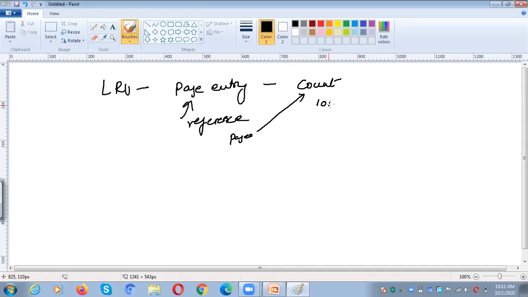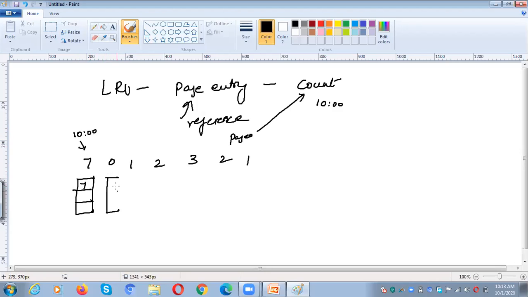For example, 10 o'clock, and the reference string is 7, 0, 1, 2, 3, and then 2, 1. 7 is not there, so I kept 7 in memory, maybe at 10 o'clock.